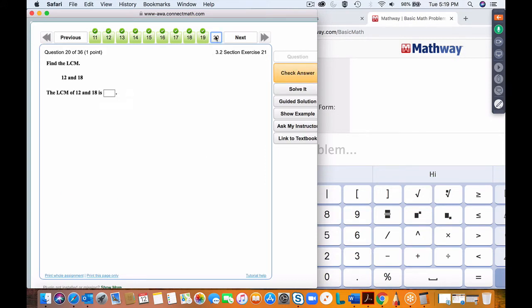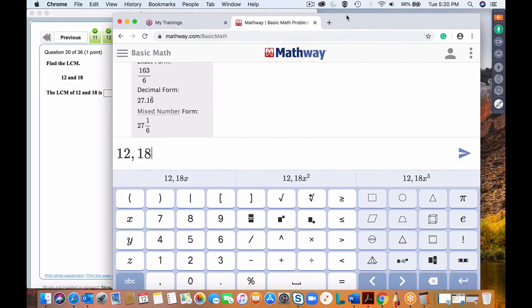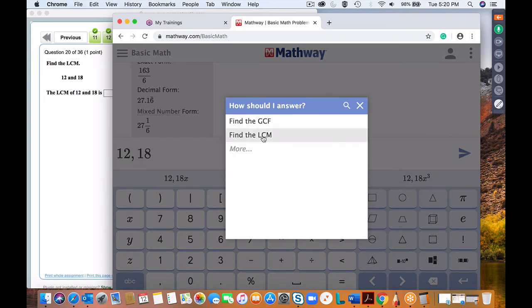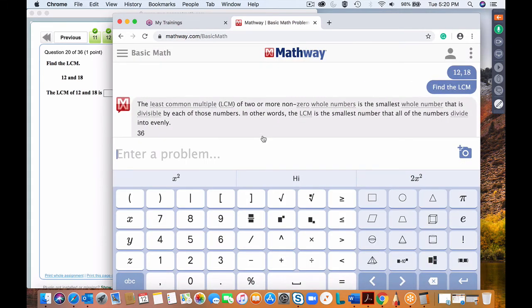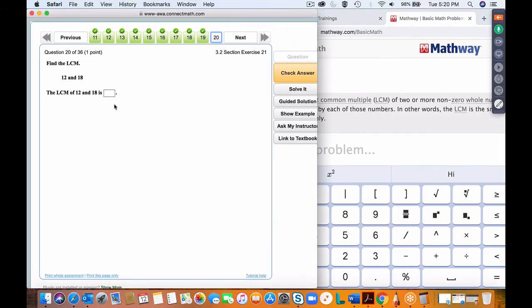Number 20, the least common multiple. The easy way is just placing the two numbers right here, separated by a comma, and let the calculator find the least common multiple. They call it the LCM, and we have 36.